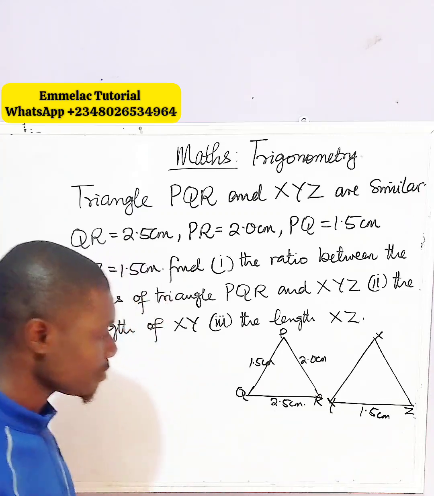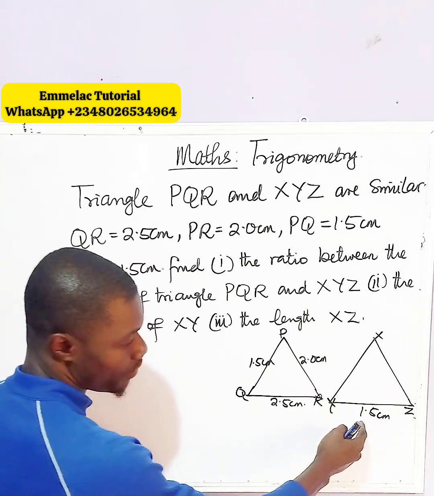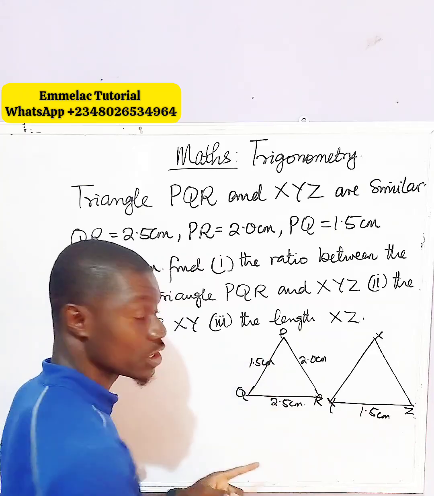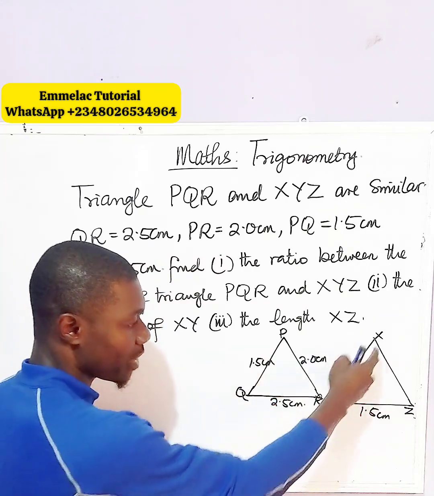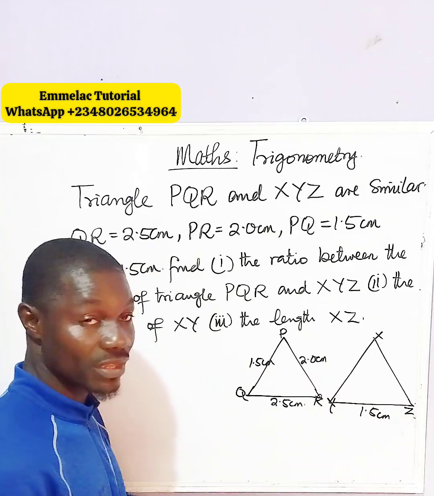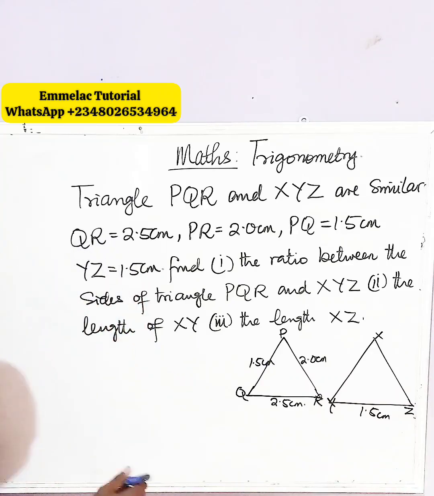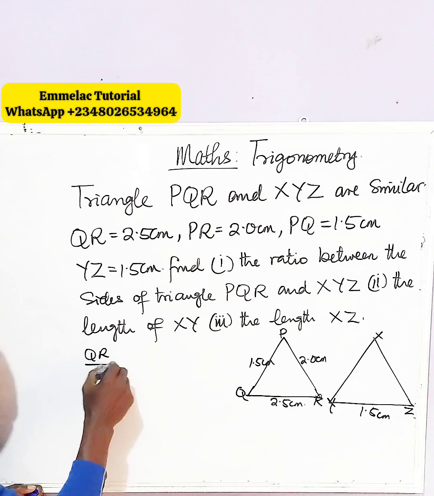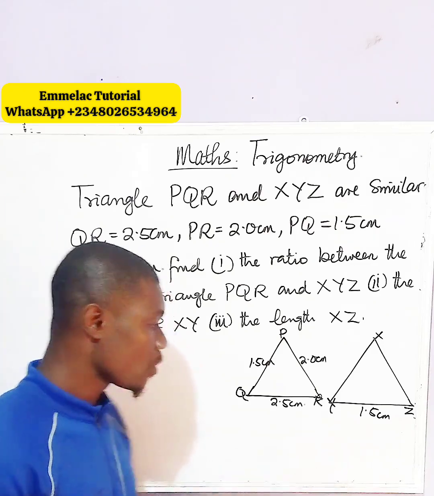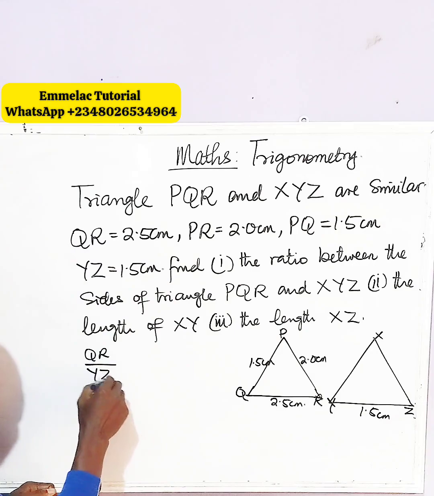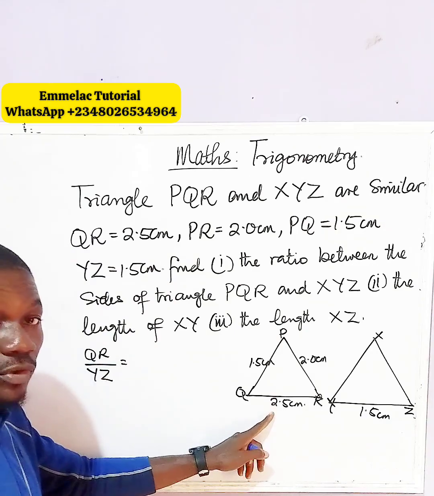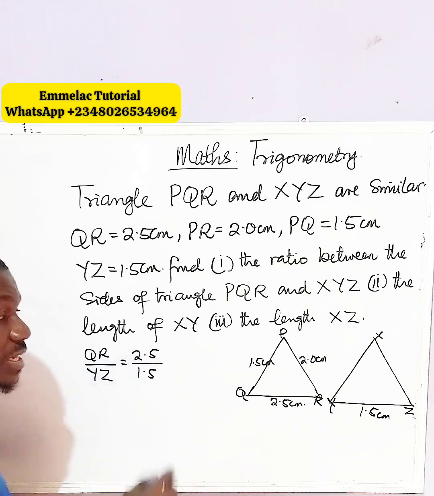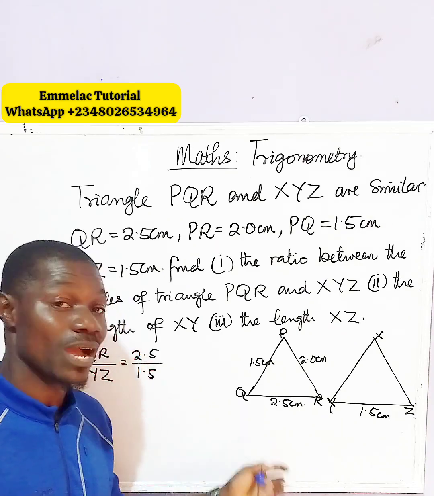Take note, don't make the mistake that because you see 1.5 here and 1.5 here, you feel this length is equal to this length. No, just take it as the pattern flows. So in this case we have QR over YZ, so here we have 2.5 all over 1.5, and this is because they are similar, which means they are corresponding.